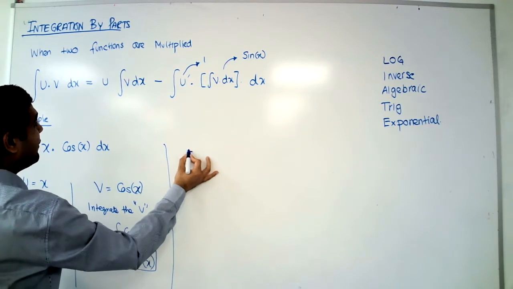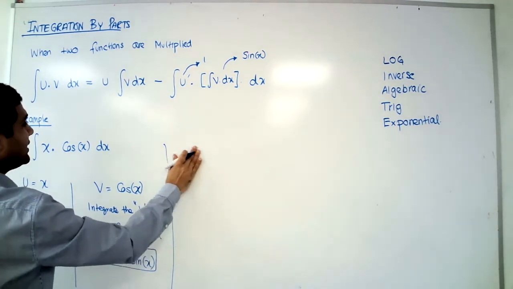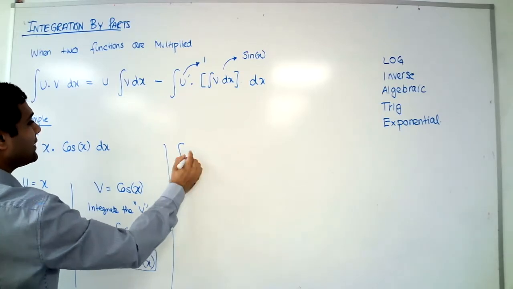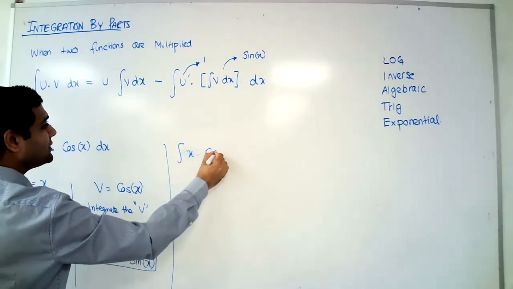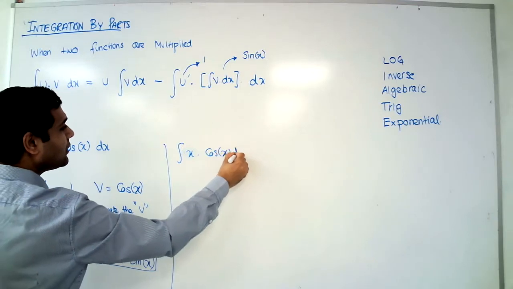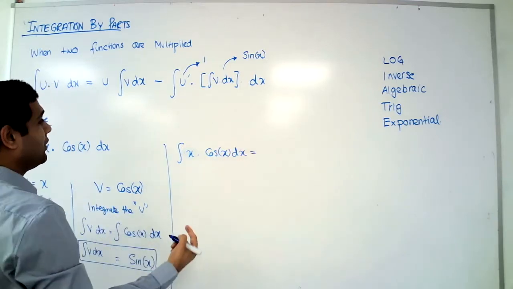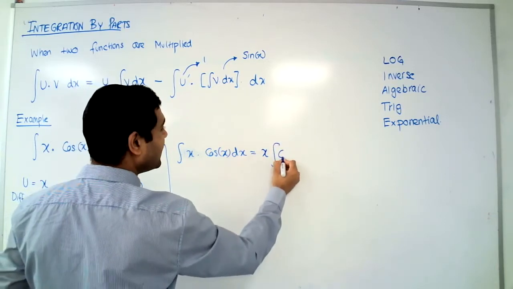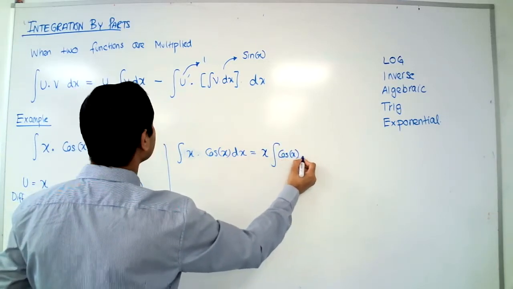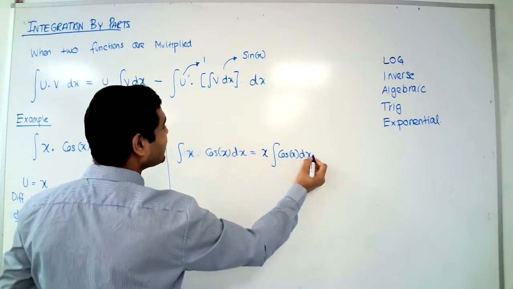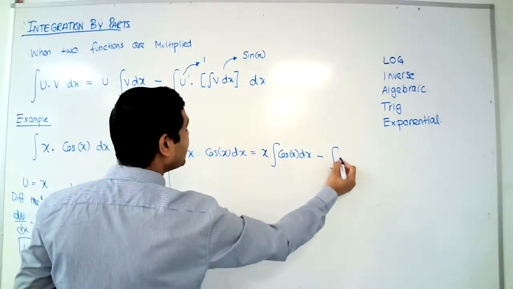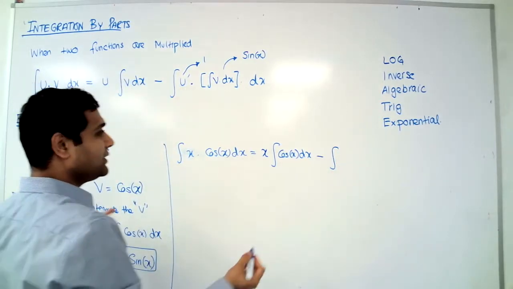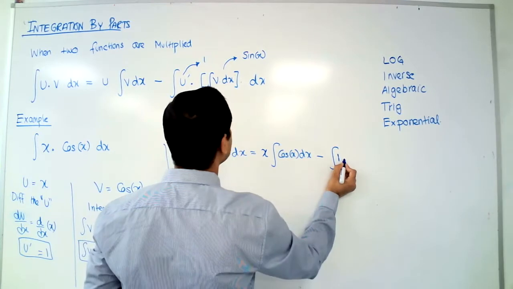So if I integrate that one, let me write it down neatly. x cos x. Now I need to get the x out here, and then I need to do the cos x dx, minus u dash. u dash is just 1, I already did that one, so I can put that here.